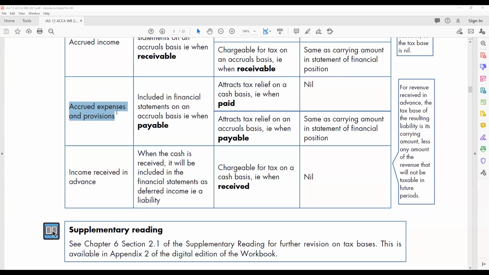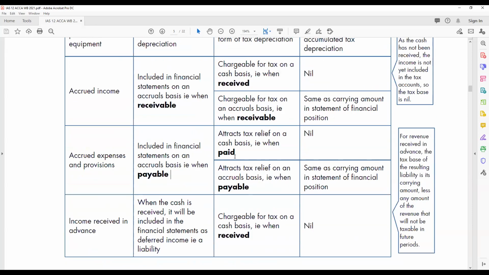So the accrued expenses and provisions are included in the financial statement on an accrual basis, meaning when it is payable. But if the tax rule is on cash basis, they attract tax relief on a cash basis, so when paid.